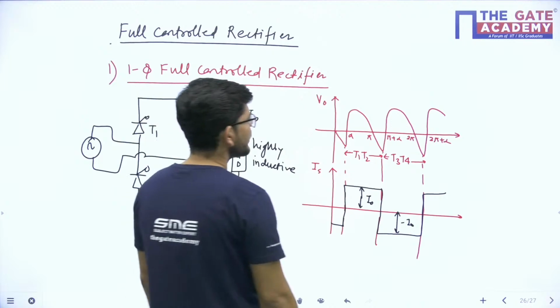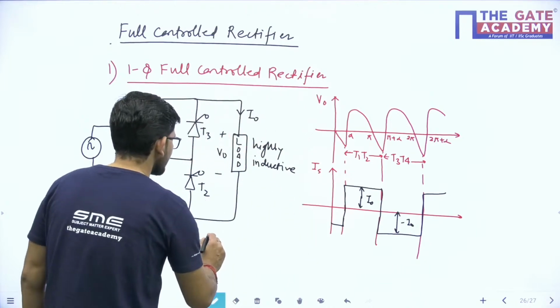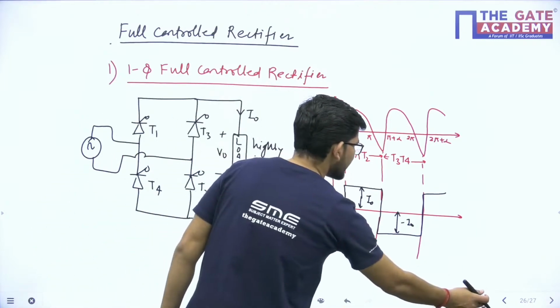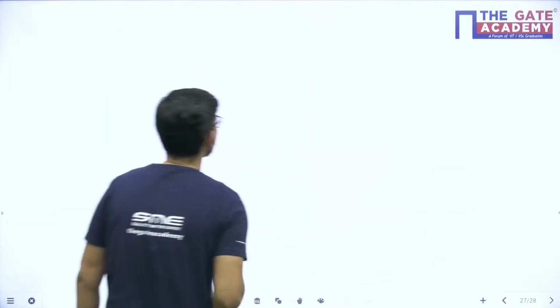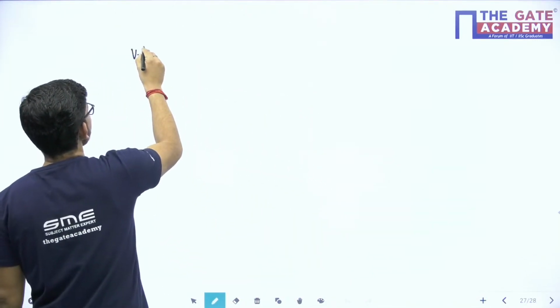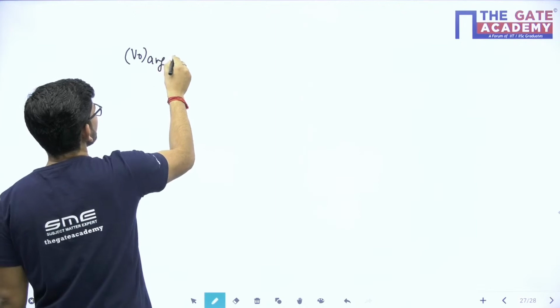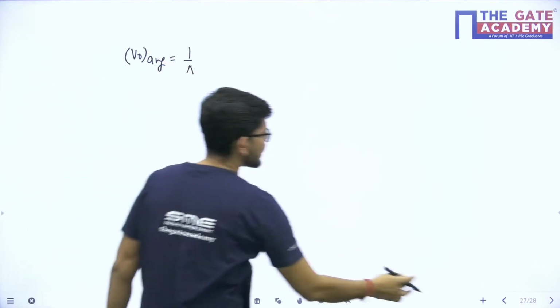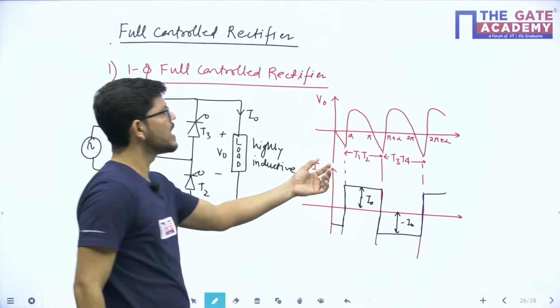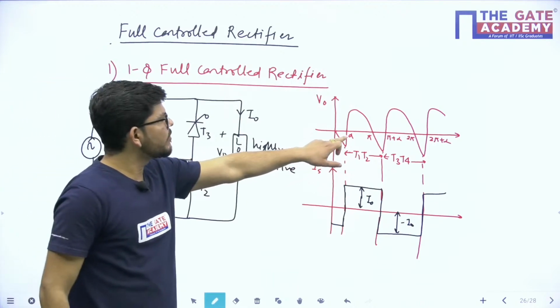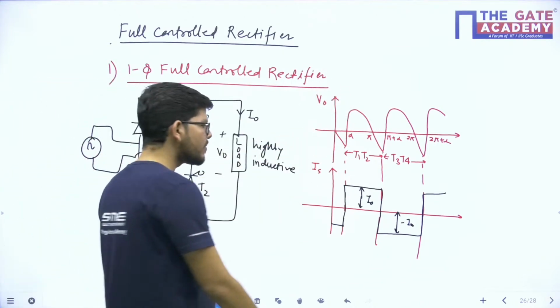Now what will be the average output voltage? If we calculate the average output voltage, this will be equal to 1 upon pi. You can see here the time period is pi, and we will integrate the voltage waveform from alpha to pi plus alpha.